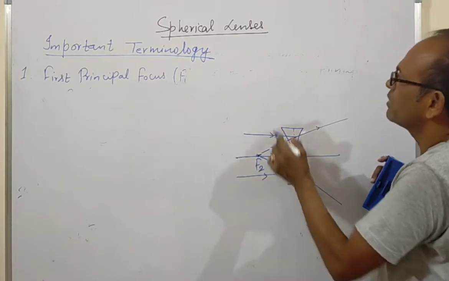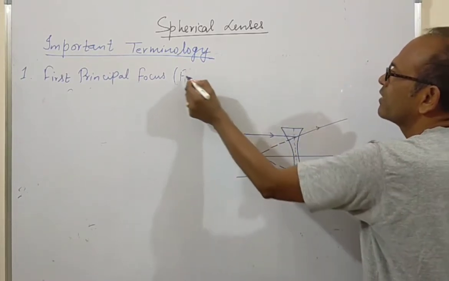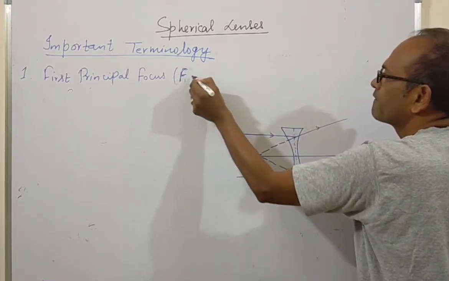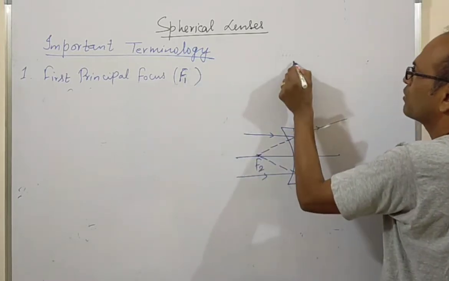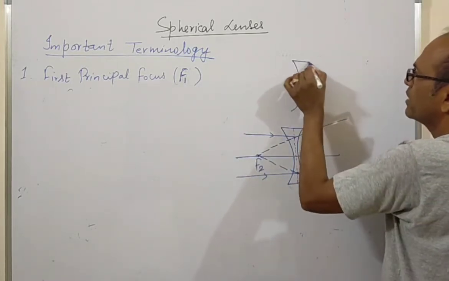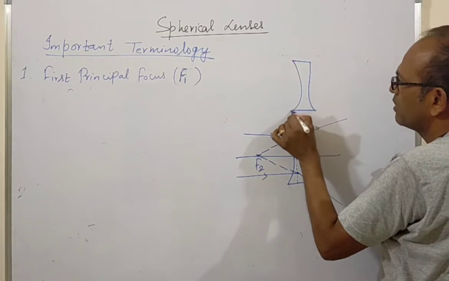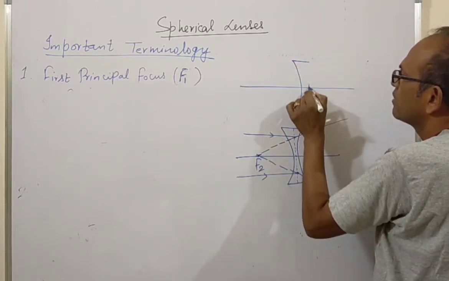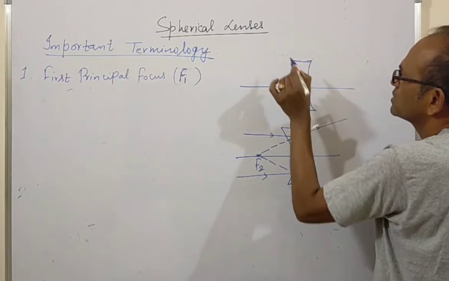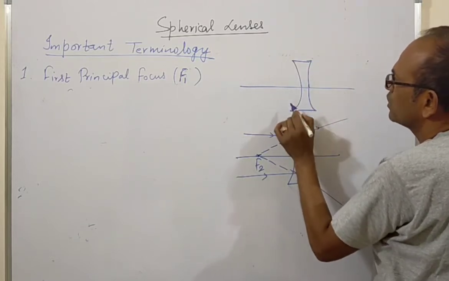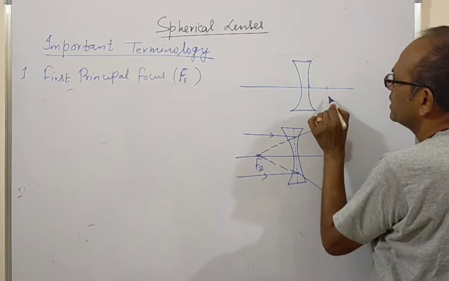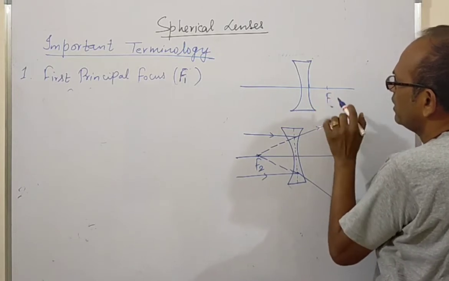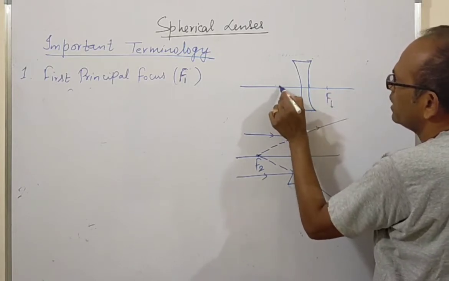So if I have here, say, first principal focus, I take one concave lens. Okay, this is the principal axis. So here, this is F1, and this is F2.